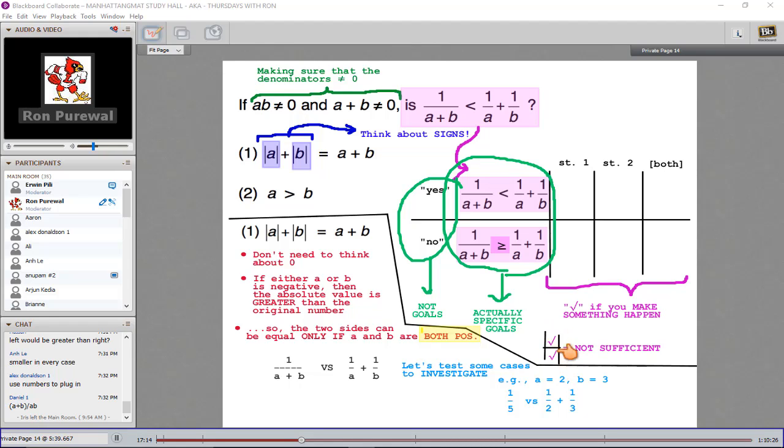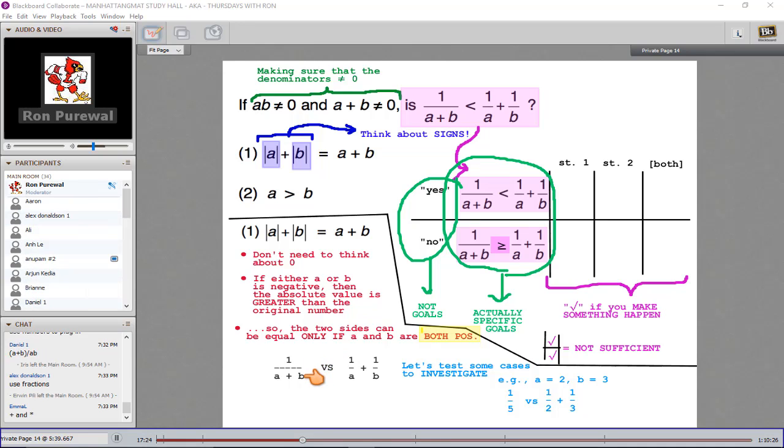Look at the relationship between the 2's and the 3's. When you have positive numbers in the denominator, what happens when you have a bigger positive denominator versus a smaller positive denominator? Just don't even think about 1/2 plus 1/3, but just think about 1/5 versus either of these individually.